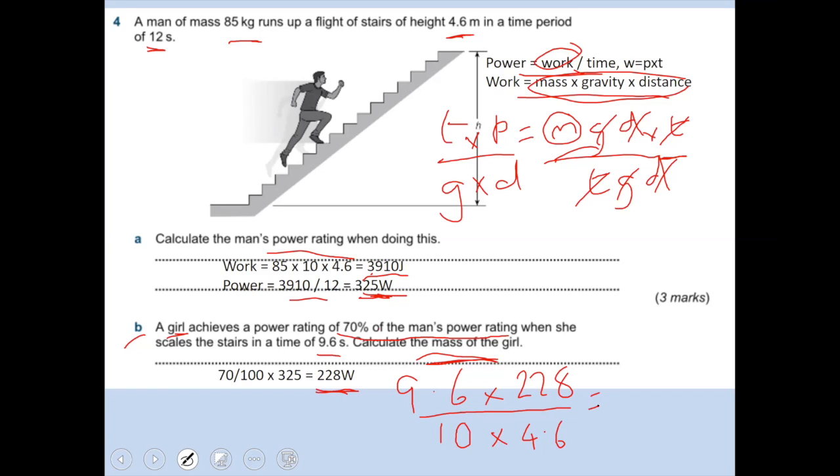That is going to equal the mass of the girl. When we stick all that into our calculator, we come out with the answer as 47.6 kilograms, which is a reasonable sort of mass for a girl, and that's it.